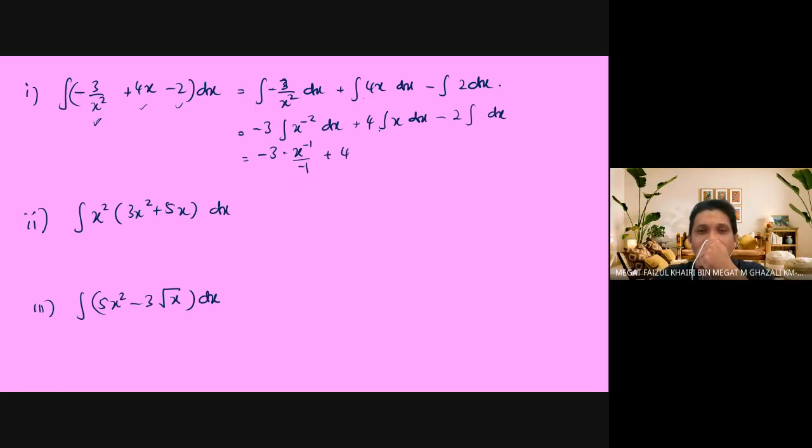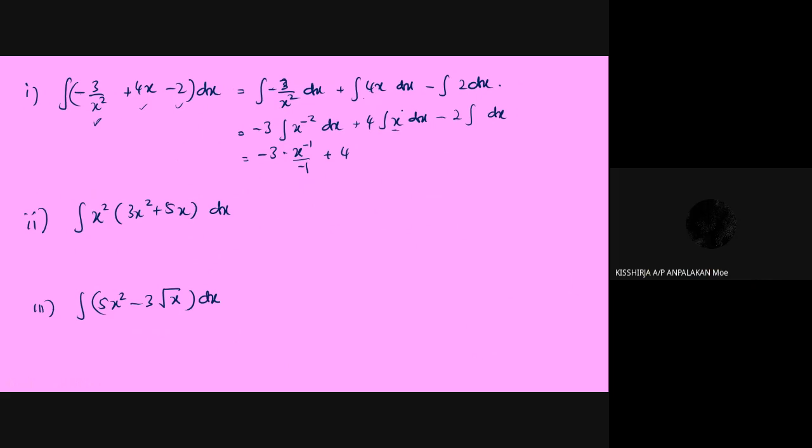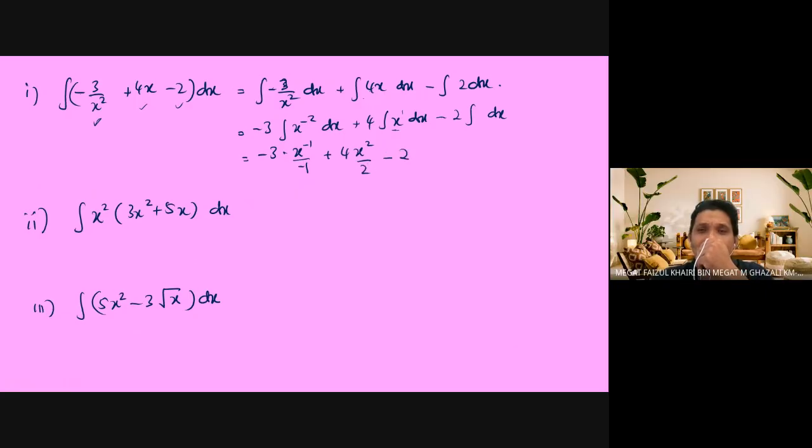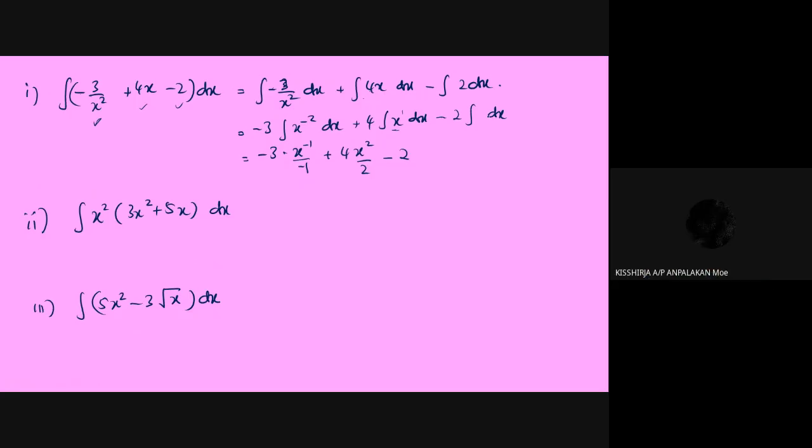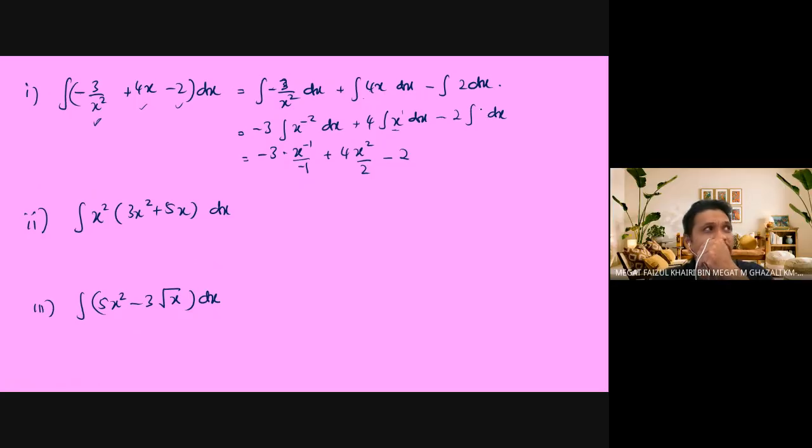Plus 4, integrate x: x squared, x power of 2 divided by 2. Good. Minus 2. Do you see any x here? No, but we can simply assume this as x power of 0, or 1. Integrate 1 with respect to x: x power of 1 divided by 1, plus c.